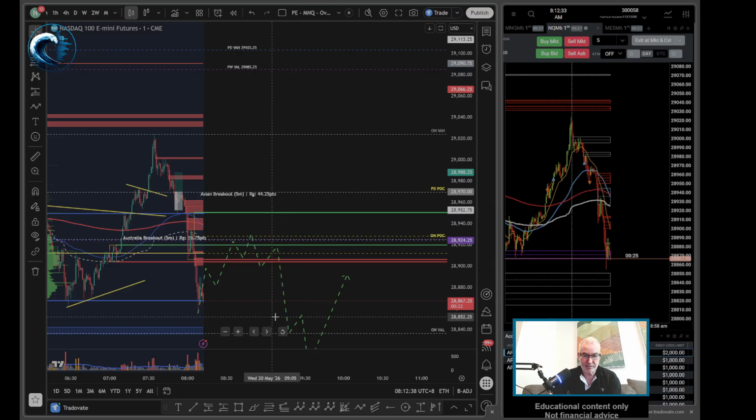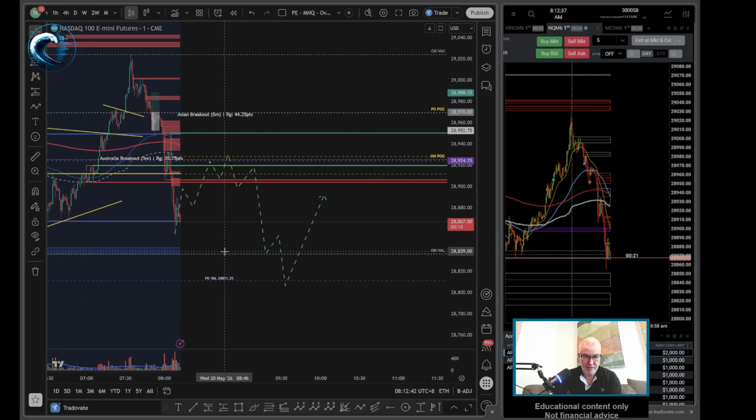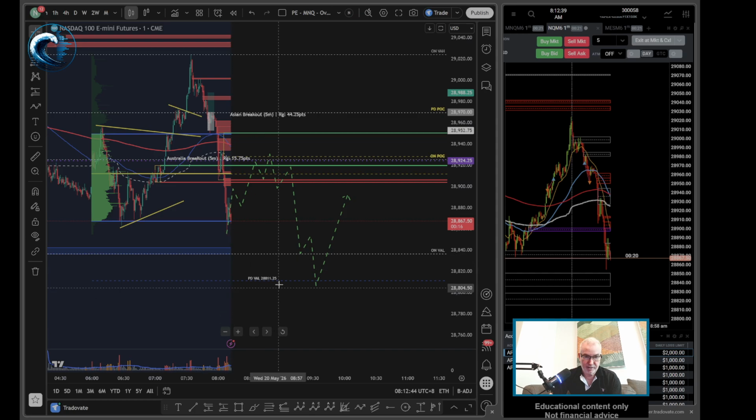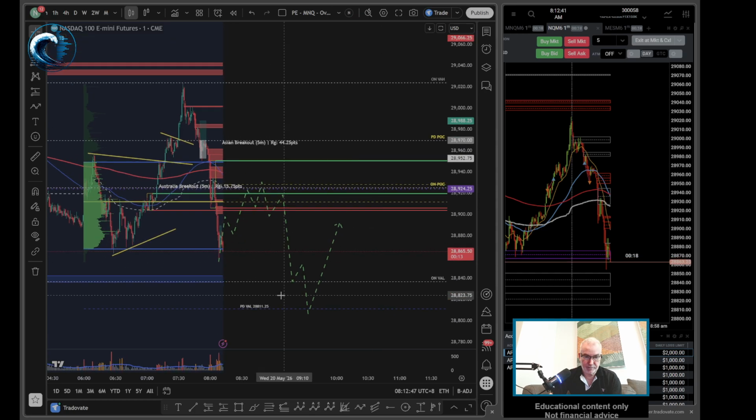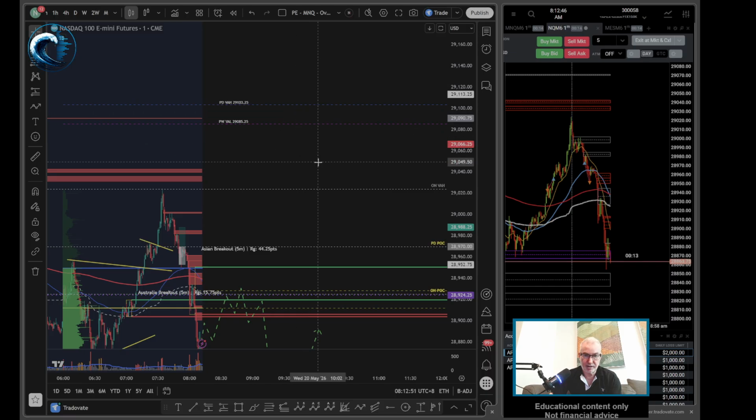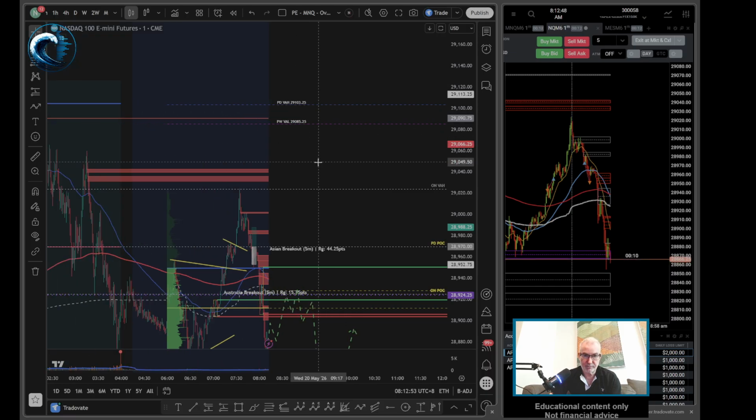I think it'll still sweep here. It's just when. So if it does it early, it'll probably just come up, either chop, and then look at targeting up there maybe for London.